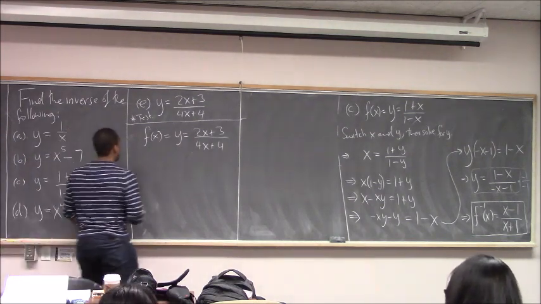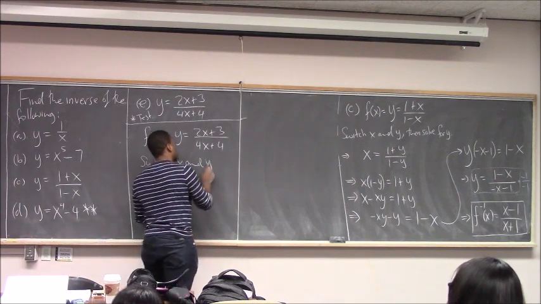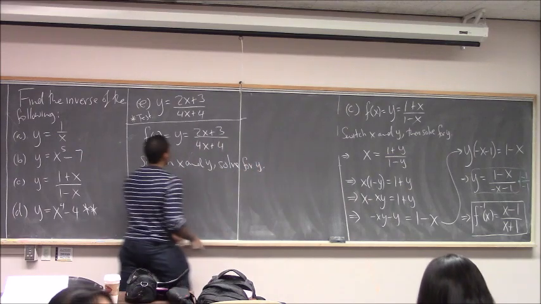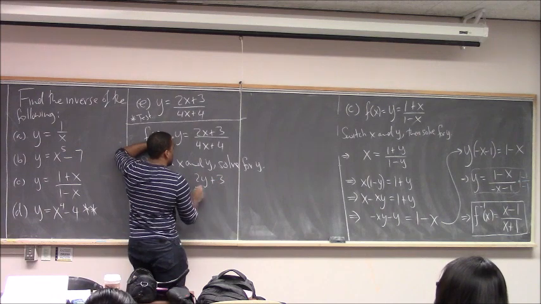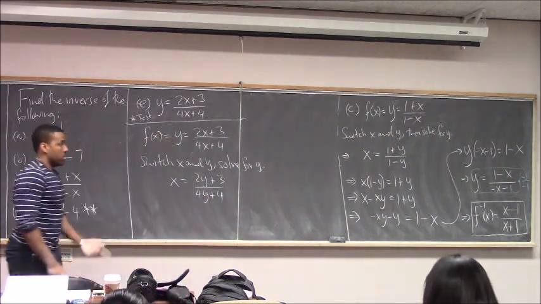Okay. So we're going to switch x and y and solve for y. So that means I'm going to get x equals 2y plus 3 over 4y plus 4. Very similar to that one.